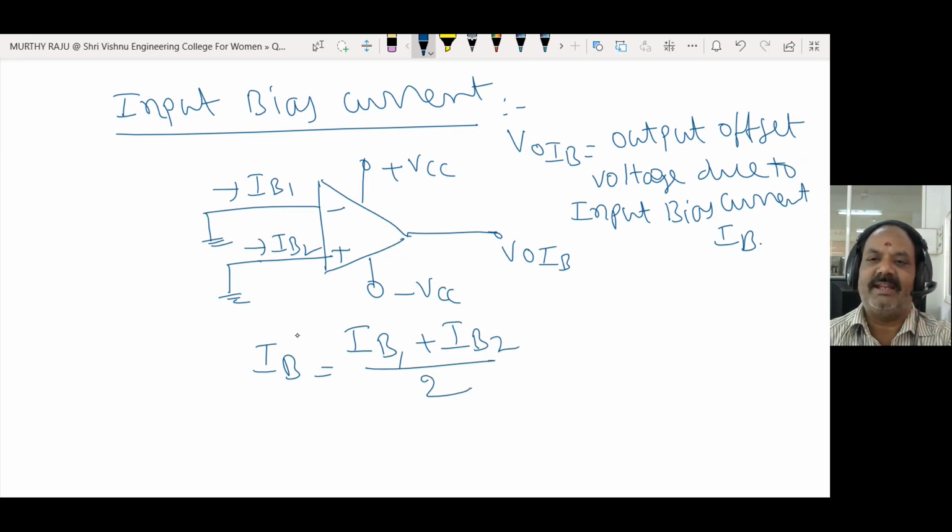Where IB1 is the DC bias current flowing into the inverting terminal. IB2 is the DC bias current flowing into the non-inverting terminal. This is the average of these two currents, IB1 and IB2.